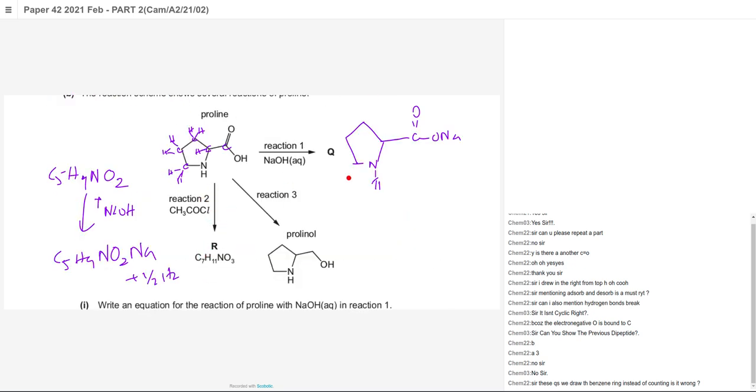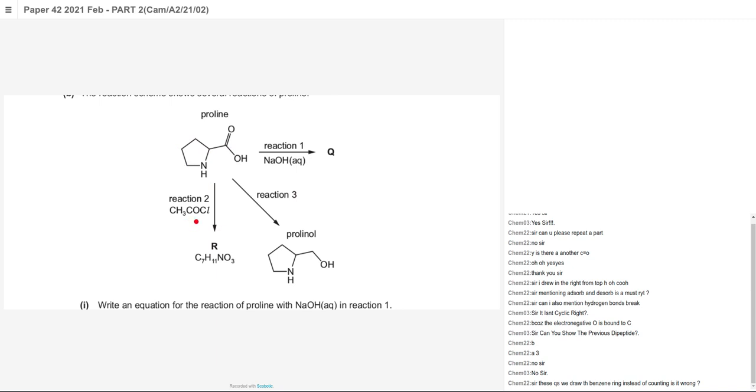Okay. Let me draw it here itself. This acid chloride will react with both the amine and the carboxylic end? Will it react with the carboxylic end? No, it will not react with the carboxylic end, only the amine end, right?